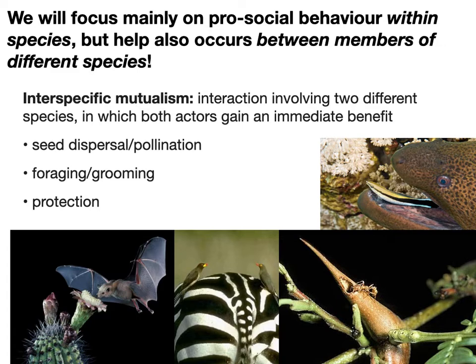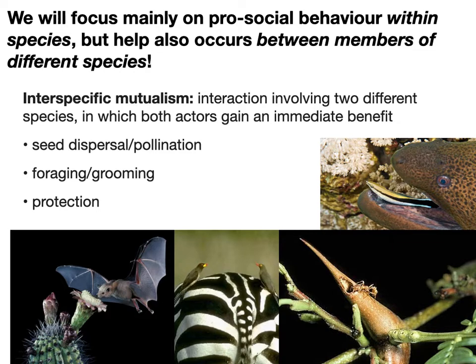Some examples are shown on this slide, from pollination mutualisms, where the bat obtains nectar from this cactus and the cactus gets a pollination service, or grooming mutualisms, like the zebra being groomed by these oxpecker birds that get a meal, and the zebra gets parasite defense.